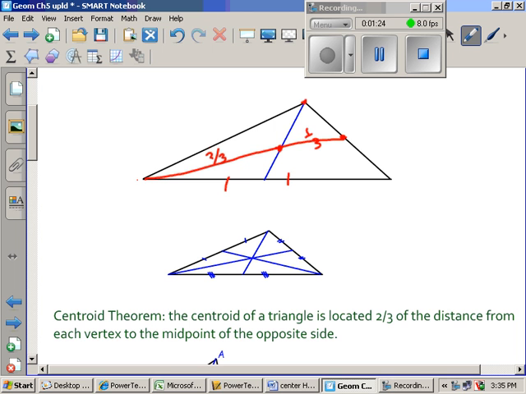From a vertex to the centroid is 2/3, and from the centroid to the side is 1/3. So here, from the vertex to the centroid, 2/3. From the centroid to the side, 1/3. All right?